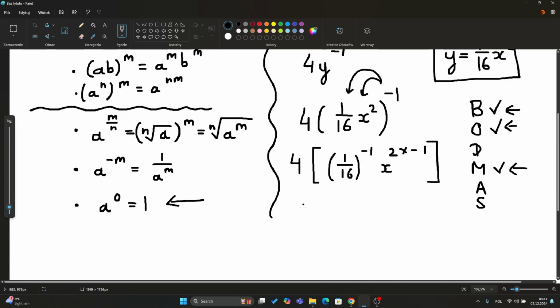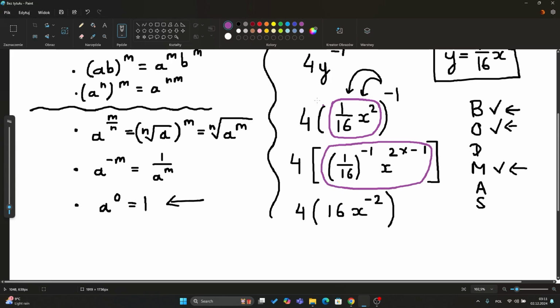And now we have 4 bracket 1 over 16 inverted, so that is 16, and we have x to the power of -2. Now I use the square brackets to let you see what's happening. So this is inside here, and this is inside here after the power.